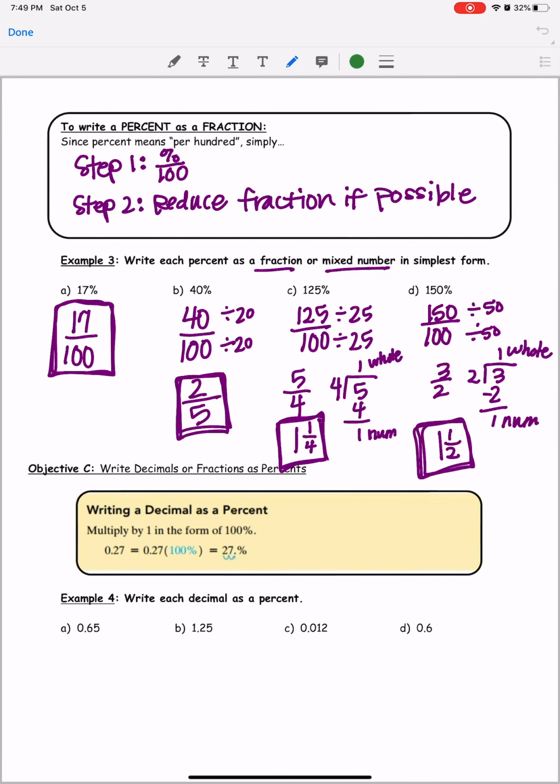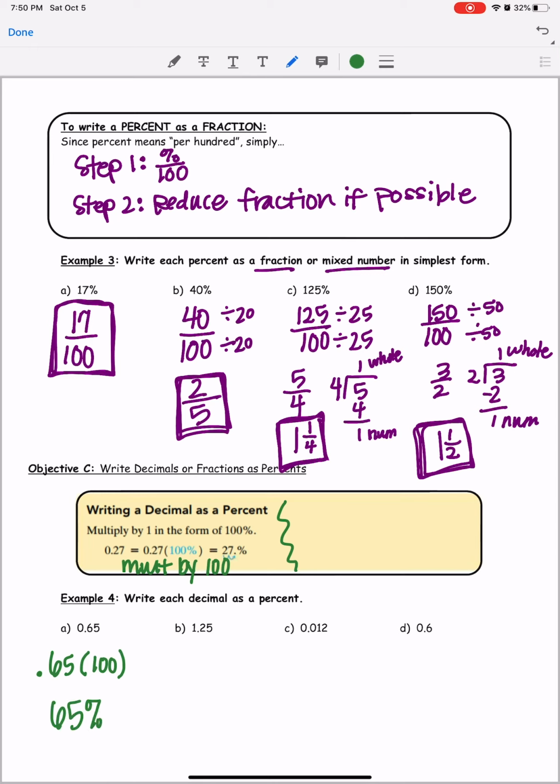Okay, objective C, we need to write decimals or fractions as a percent. This one says that we're basically just going to multiply each of these by 100. Okay, that is your first option. Or if you notice here, whenever we do 0.65 times 100, if you put that in your calculator, then you will simply get 65.